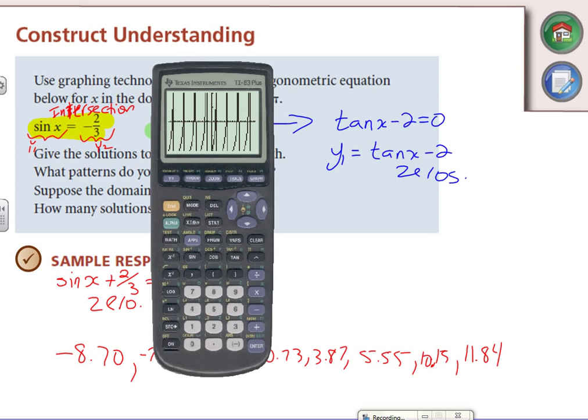The vertical lines are the asymptotes. They're not part of the graph. Let's go second calculate, and we're looking for the zeros of the graph. Let's go over, scrolling over to get close to the first one.